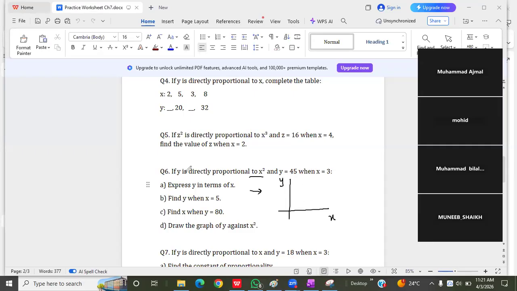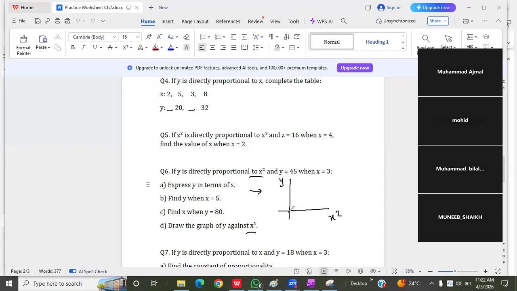So y will go on the y-axis and this x square will go on the x-axis. We have to draw the graph of y against x square. So first we write y here, and x square is on the x-axis.